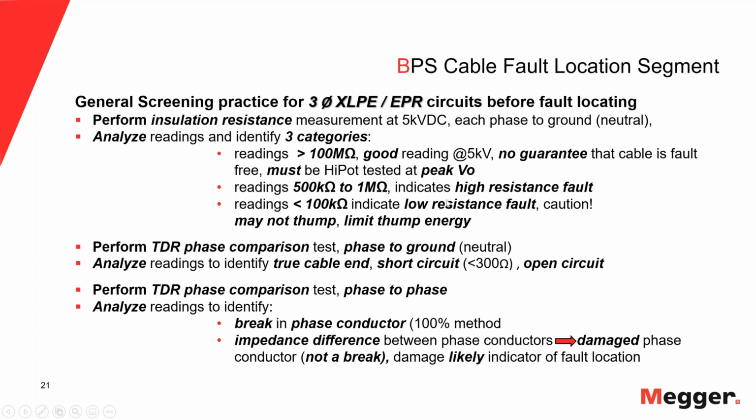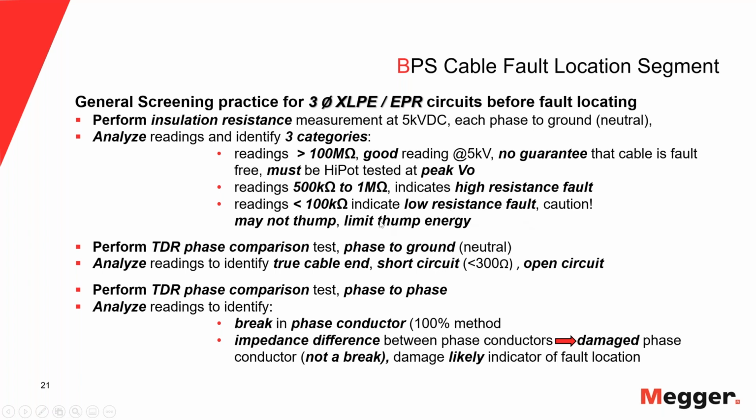When we have those type of faults, we have to be very careful, because sometimes these faults will not flash over anymore because they have so much leakage current that it cannot build enough voltage to flash over. The other issue with those faults is we might have to limit our thump energy. You might think that is a strange thing to suggest, but why do we do this?